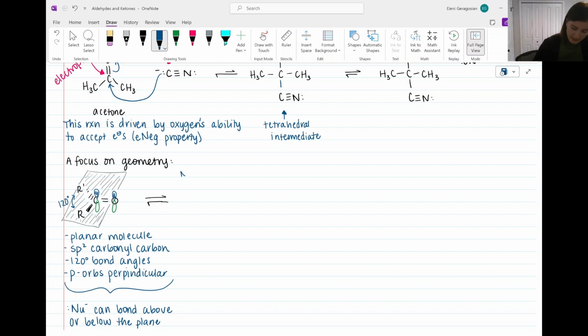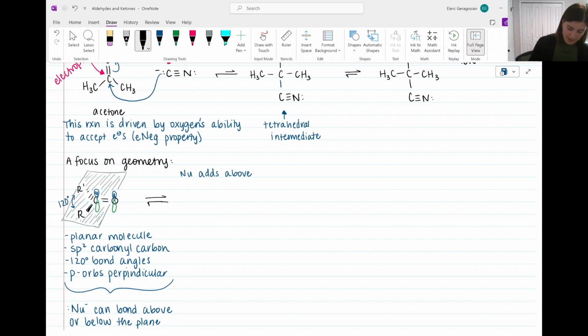So let's do a nucleophile adding above. So we have the plane that the molecule is in. The nucleophile comes and adds above the plane that the molecule is in, and it'll kind of shift those bonds to the oxygen and R groups down.